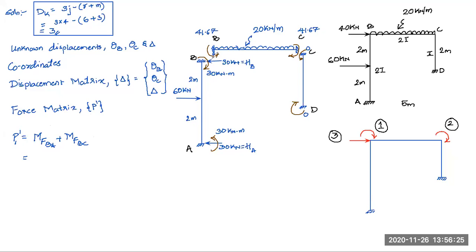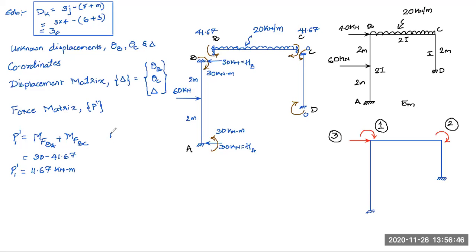MFBA is 30 clockwise, MFBC is 41.67 anti-clockwise. So 30 minus 41.67, or P1 dash will be minus 11.67 kilonewton meter.